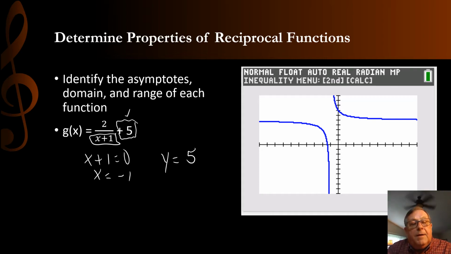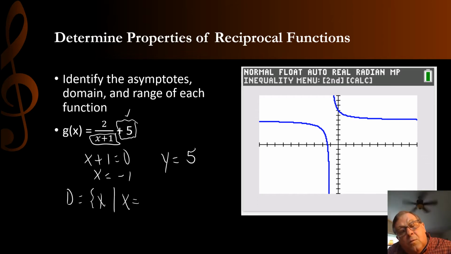So what would that mean about the domain? The domain is any value of x such that x cannot equal negative 1. And our range, the same thing. We've got this horizontal asymptote, so y such that y cannot equal 5.